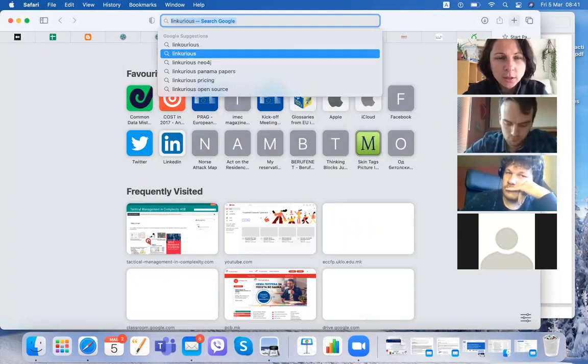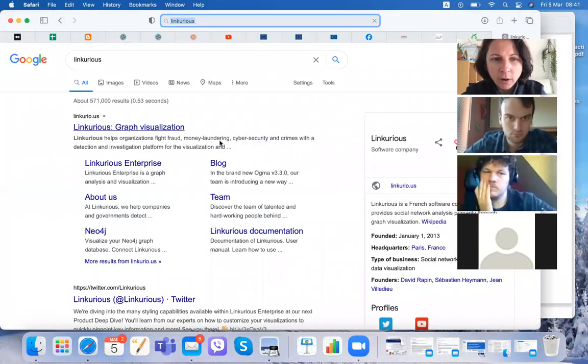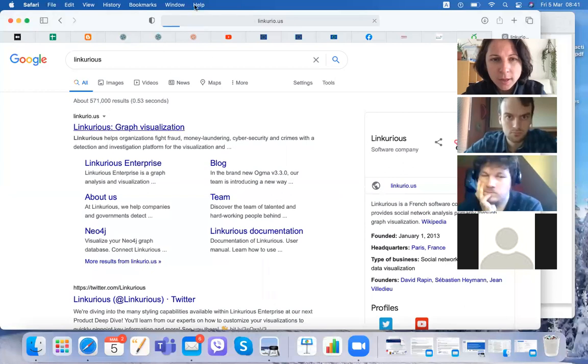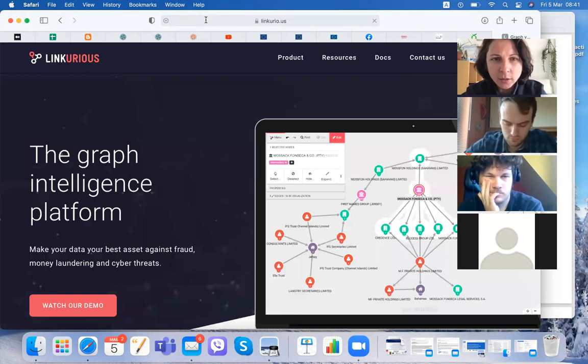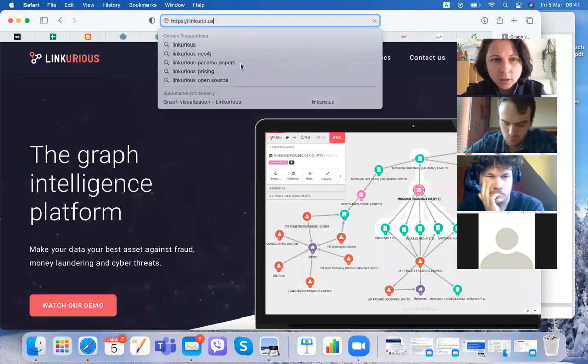Linkurious is a graph visualization platform. And I have Node Excel, which is the easiest. So do you type this? Do I copy in the chat? Yeah. Okay.